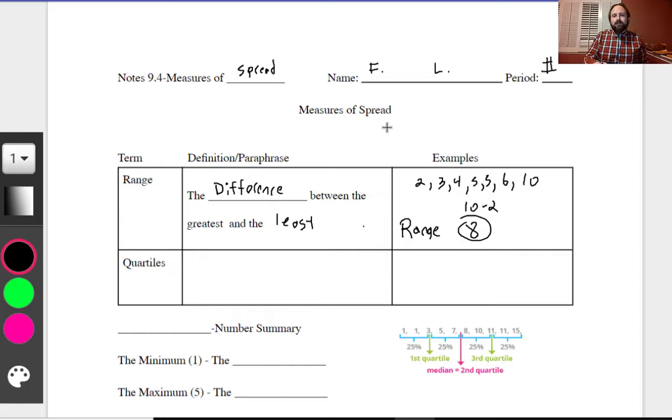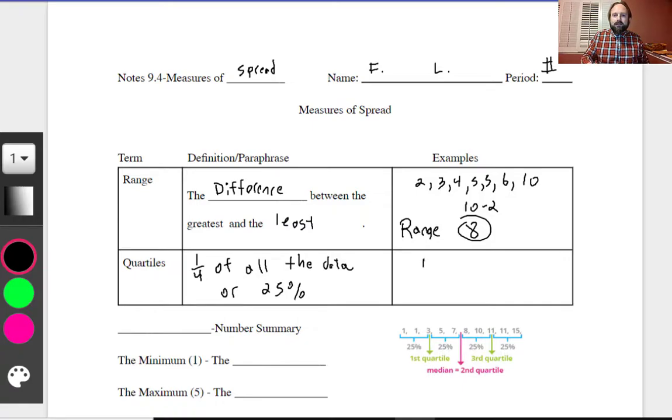So quartiles, we're going to do a little paraphrase of this. It's 1/4 of all the data, or 25%.